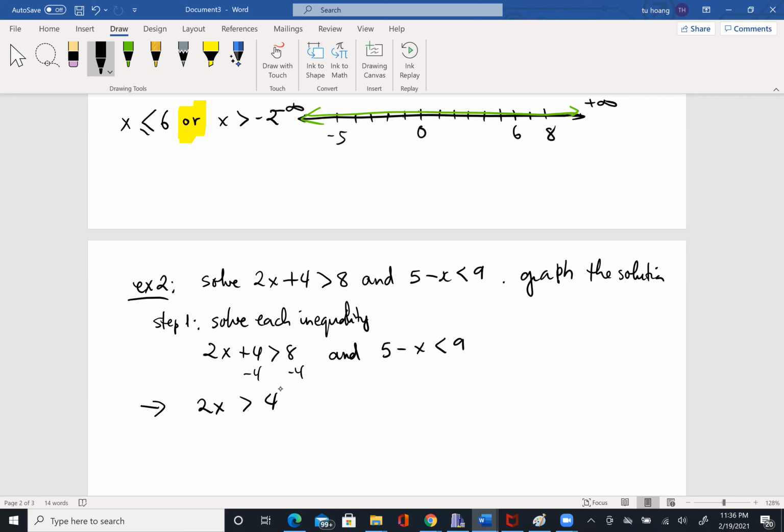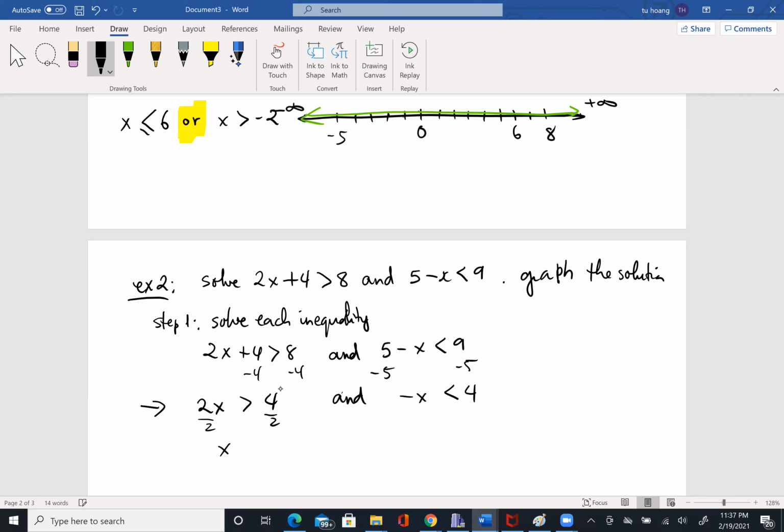What about the other inequality? I'm going to subtract 5 on both sides. So now I have negative x less than 4. Then for the first inequality, I'm going to divide by 2 on both sides, so divide by 2, divide by 2.